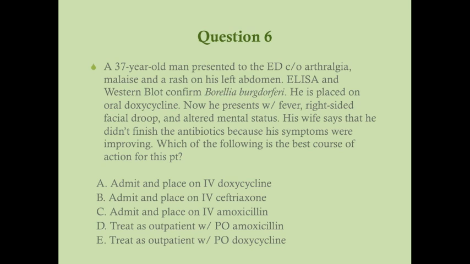How often do we hear that? Which of the following is the best course of action now for this patient? And the answer choices are A, admit and place on IV doxycycline, B, admit and place on IV ceftriaxone, C, admit and place on IV amoxicillin, D, treat as an outpatient with PO amoxicillin, or E, treat as an outpatient with PO doxycycline.